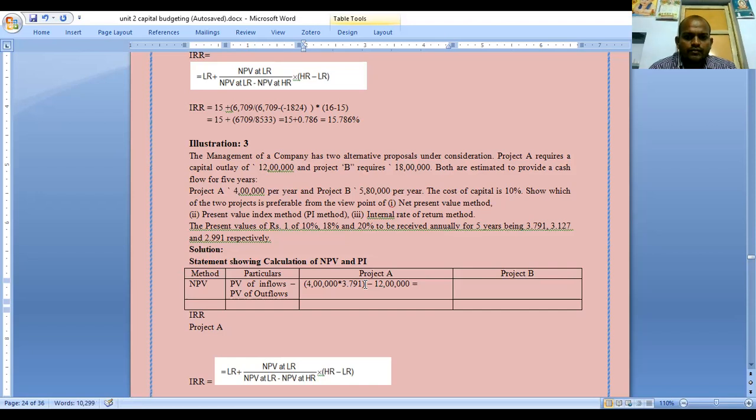So present value of inflows 15 lakhs 16,400 minus 12 lakhs. So net present value is 3 lakhs 16,400. So for project B, same procedure. 5 lakh 80,000 into 3.791 minus 18 lakhs.